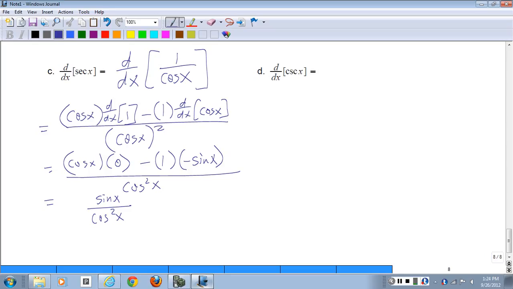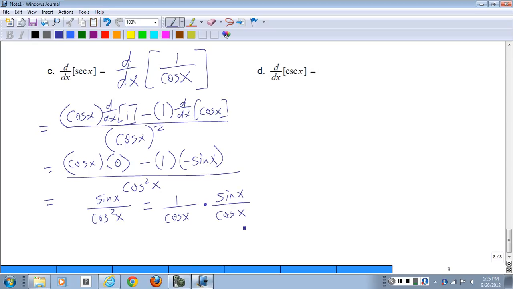When you look in probably the back of the textbook, front of the textbook, wherever all these derivatives are listed, derivative of secant x equals blah, it's not going to say sine x over cosine squared x. It's going to be secant x tangent x, because the idea is it's better without a fraction. So although it may not be obvious why one would want to do this, we could write this as 1 over cosine x times sine x over cosine x.